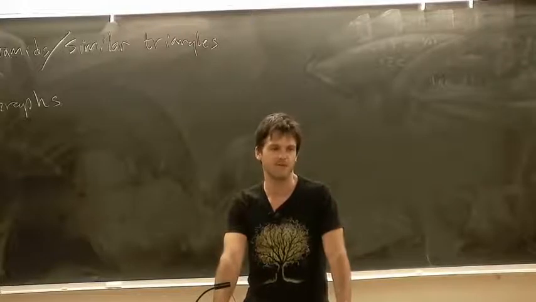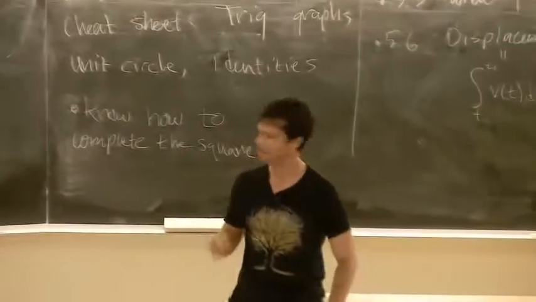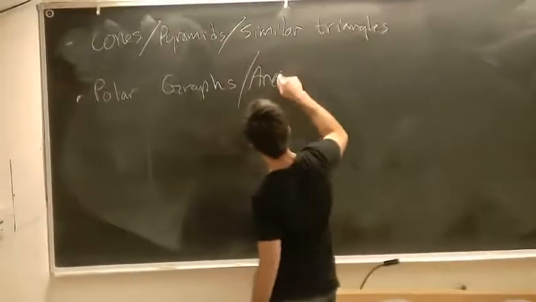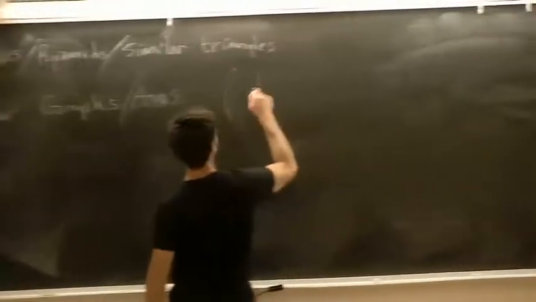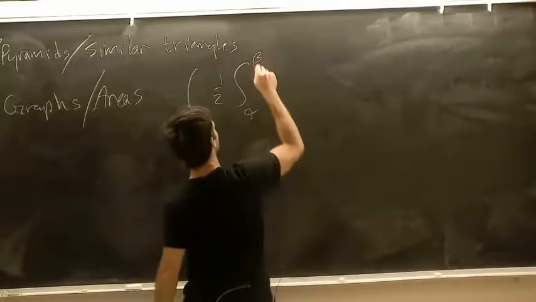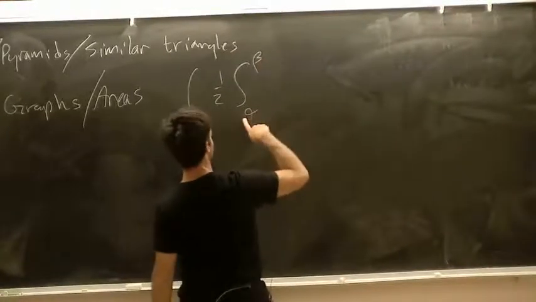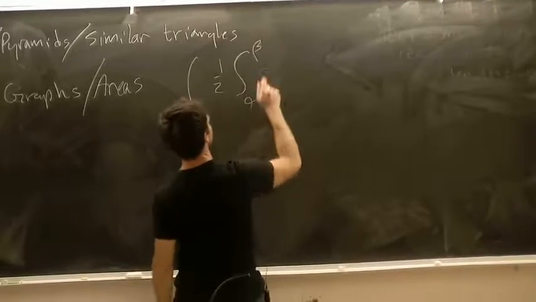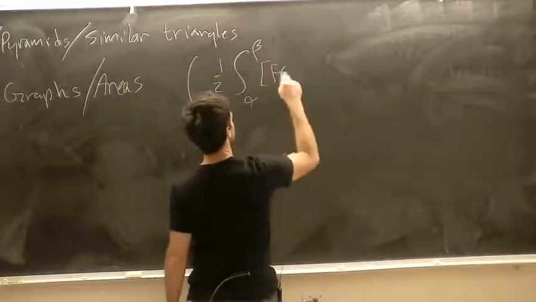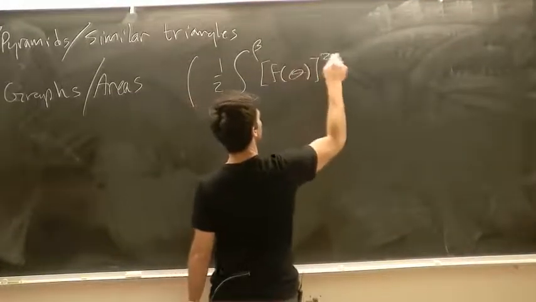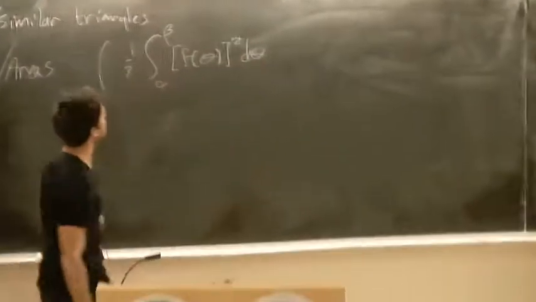Doesn't have to be super accurate, but for example, if I asked you for an area calculation in a graph, we have the area formula, namely 1/2 the integral from theta equals alpha to theta equals beta of f of theta squared d theta is the area formula.